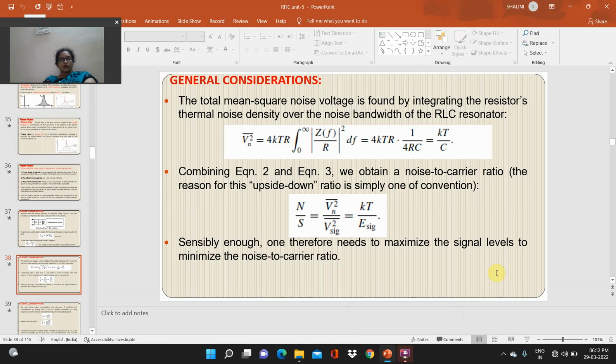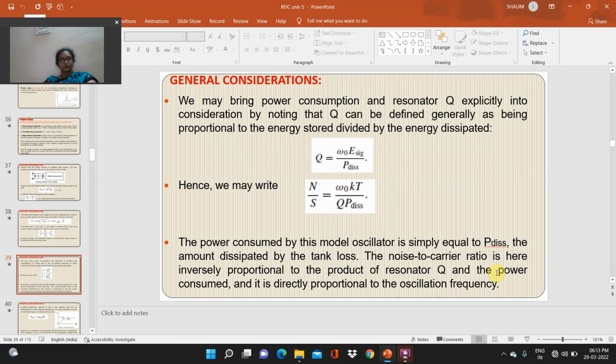So Vn square is equal to the integral from 0 to infinity of 4kT R times the squared transfer magnitude dF, which is equal to 4kTR into 1 by 4RC, equal to kT by C. Combining equation 2 and equation 3, we obtain a noise to carrier ratio. The reason for this upside down ratio is simply one of convention. Evidently, one needs to maximize the signal levels to minimize the noise to carrier ratio.